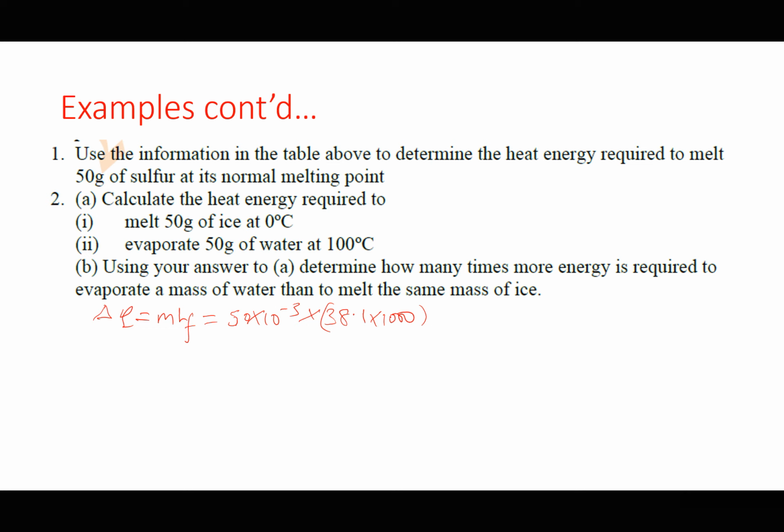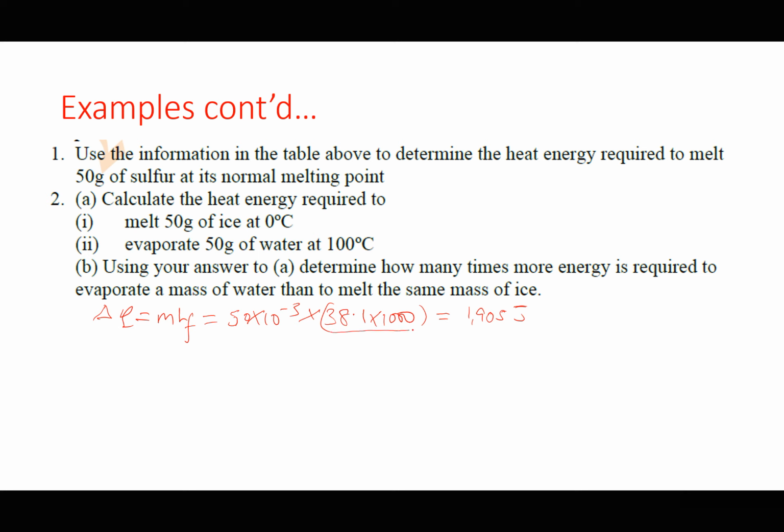So when you press your calculator, 50 exponent negative 3 multiplied by 38.1 exponent 3, this is giving me a value of 1905 joules. So that is the heat energy required to melt 50 grams of sulfur at its normal melting point.